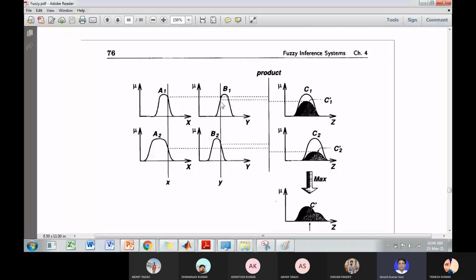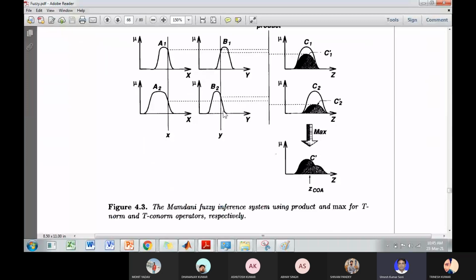Then at this value the minimum will be defined. Okay, the product will be defined. Okay, so we will take the product of two areas, of the input range.